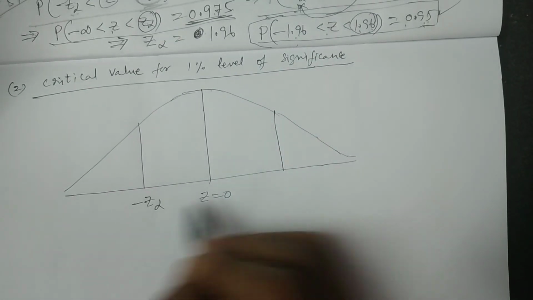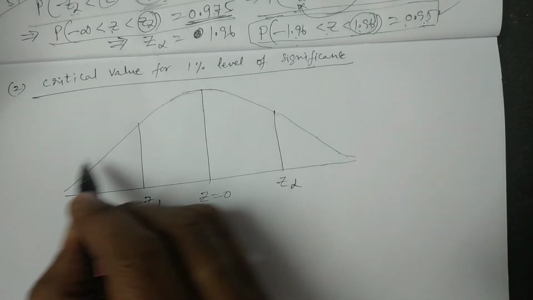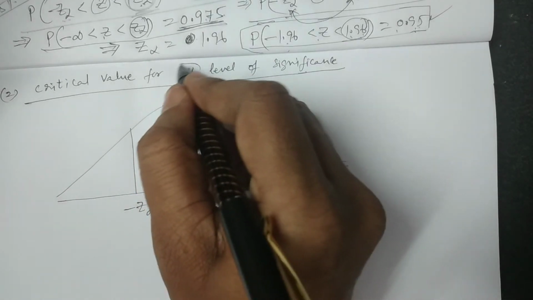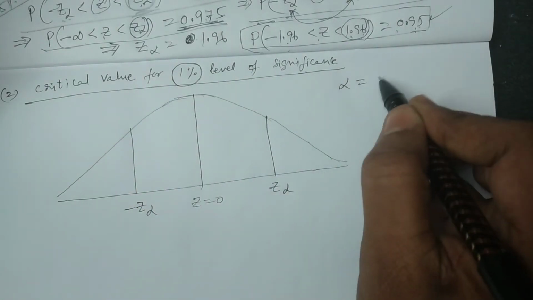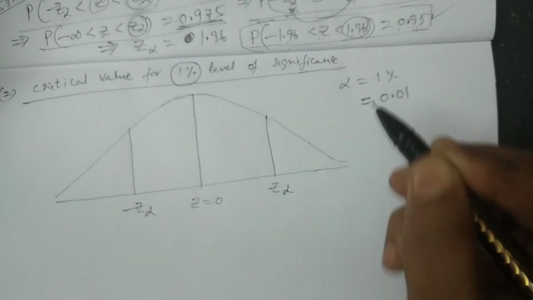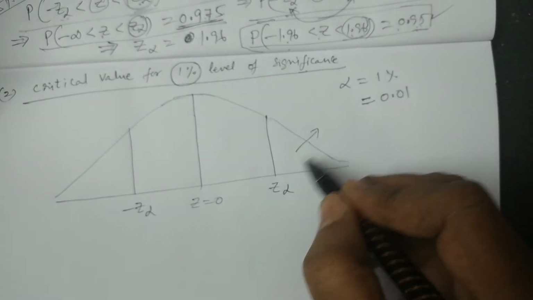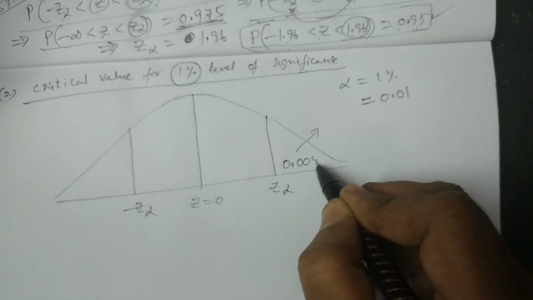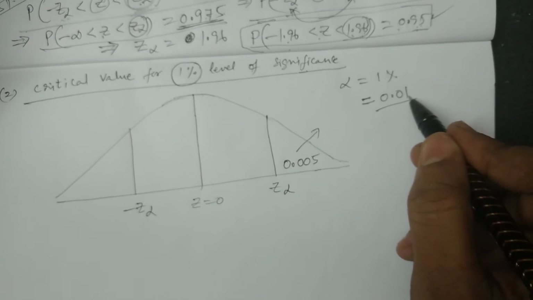The minus Z alpha and plus Z alpha, and alpha is equal to 1% level of significance, that is 0.01. Hence this is alpha by 2, which is 0.005, since 0.01 is alpha.